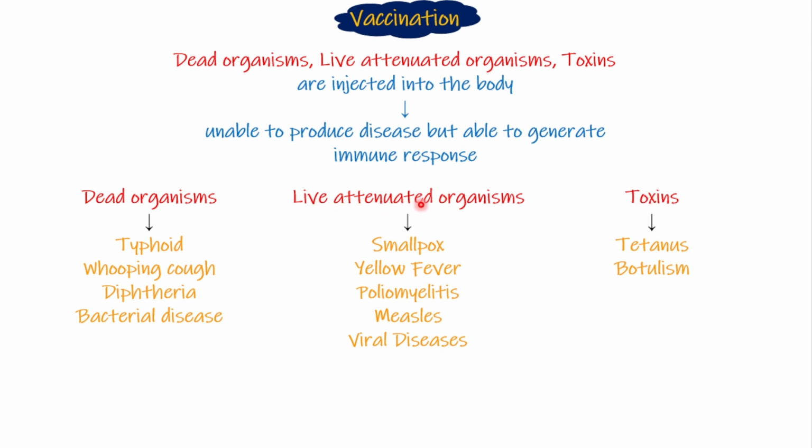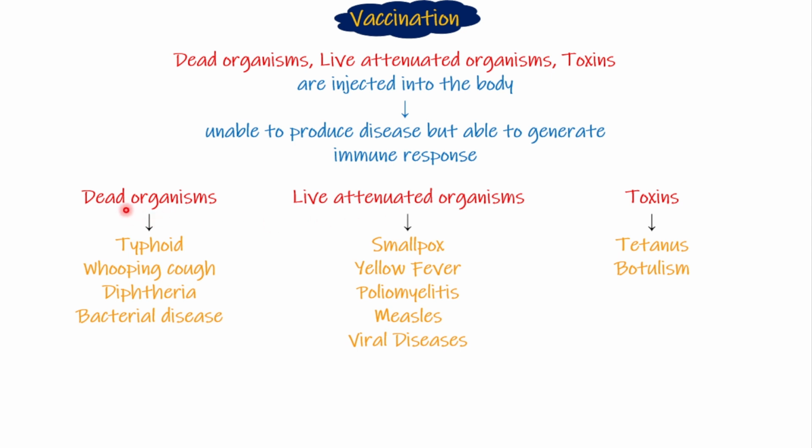Then we have live attenuated organisms. The vaccines for diseases like smallpox, yellow fever, poliomyelitis, measles, and viral diseases are basically live attenuated vaccines, made up of live attenuated organisms. More or less all of them are fever-causing diseases.